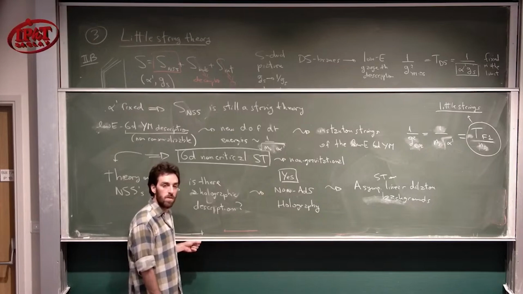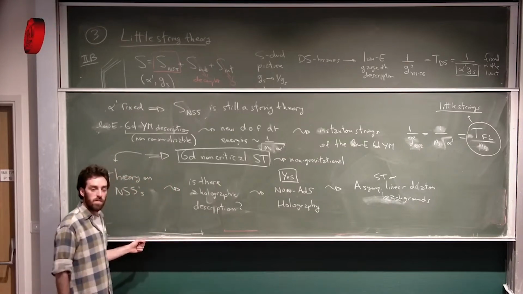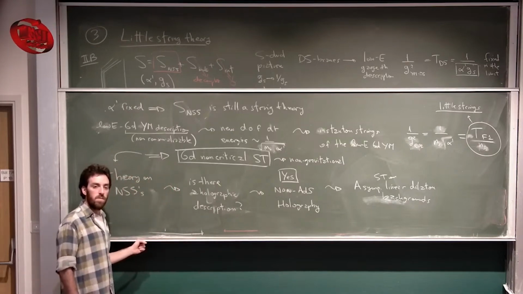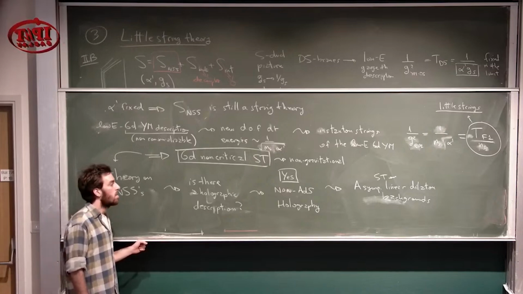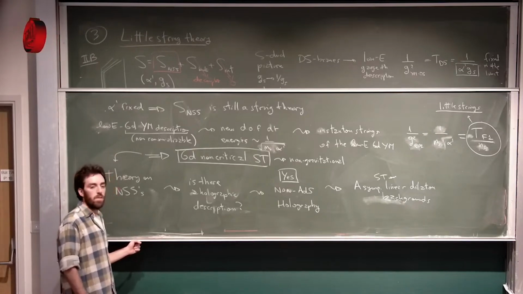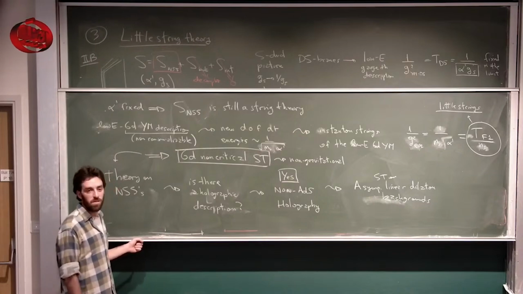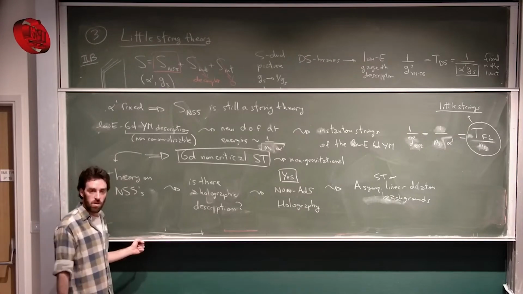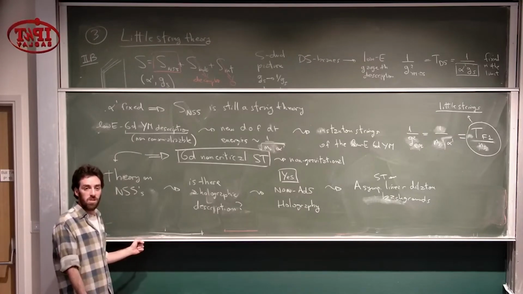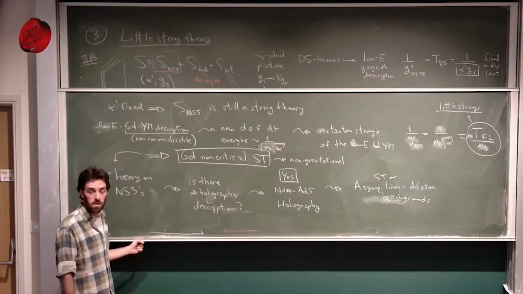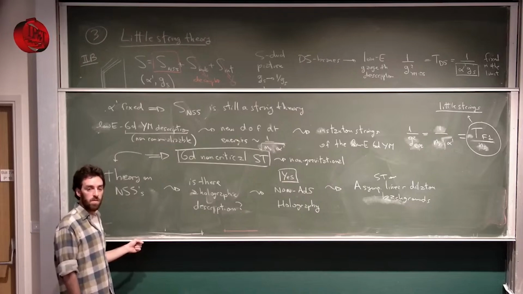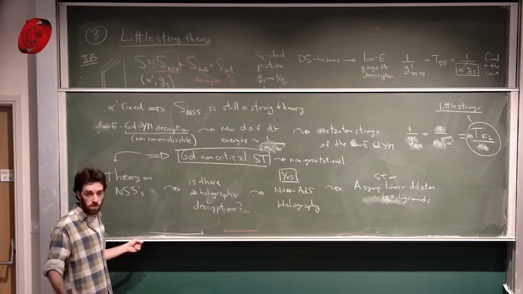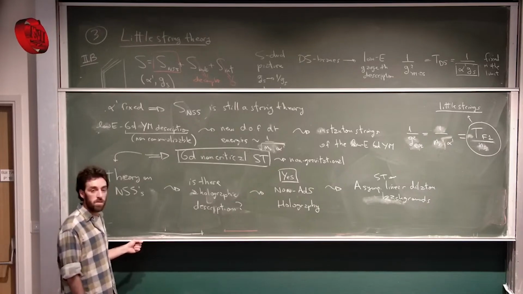The boundary theory is D-dimensional and the bulk is D plus one. The bulk is actually 10-dimensional, but the boundary theory is 6-dimensional, not a CFT.